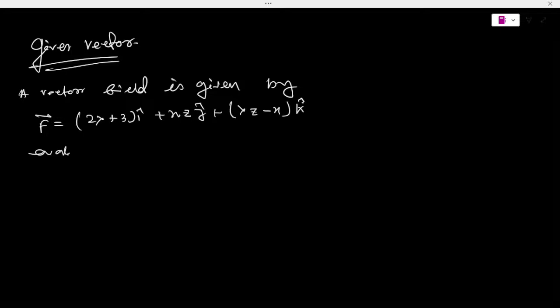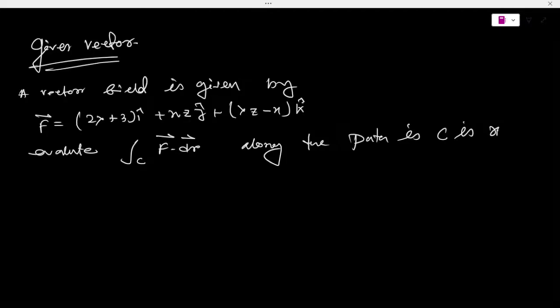Evaluate the closed integration of C f dot dr along the path C, where x is equal to 2t, y is equal to t, and z is equal to t cube, from t is equal to 0 to t is equal to 1.